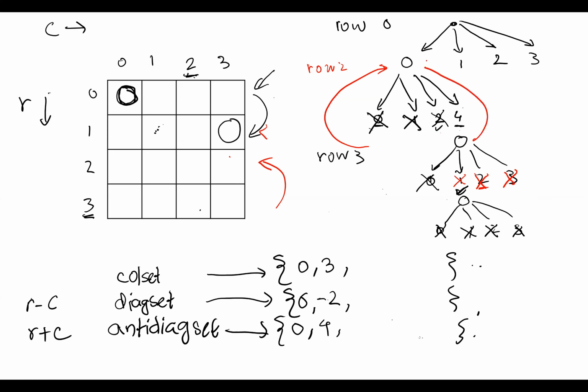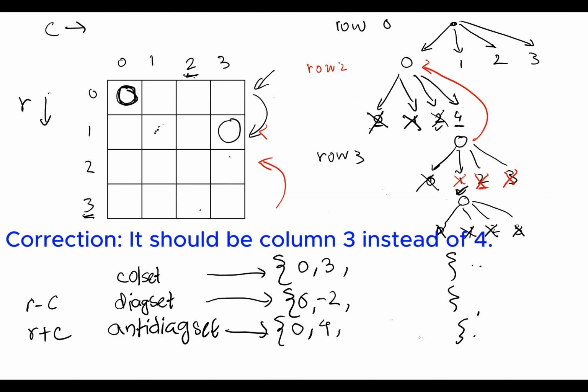Okay, so next, what do I do? I backtrack again. This time you see that 4 didn't work. I went down, 4 didn't work. So I delete.